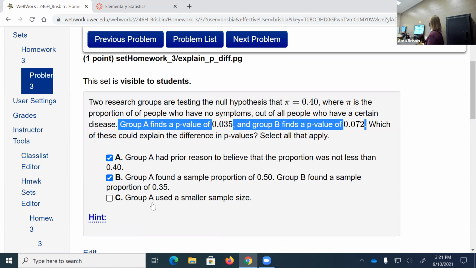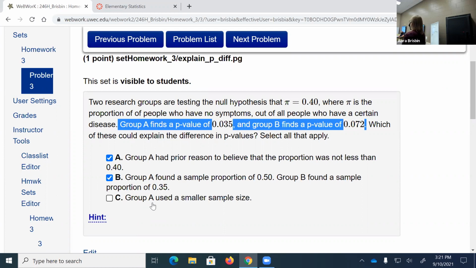No, but it's group B. So the more data you have, the more evidence you're going to have to be able to detect a difference if there is one. So for example, if I want to know whether the proportion of UWC students who are nursing majors has changed, I could survey 10 students, but that would give me a pretty coarse estimate of what proportion of students are nursing majors.